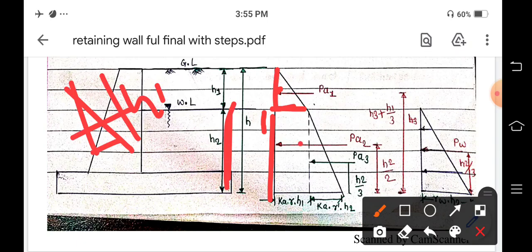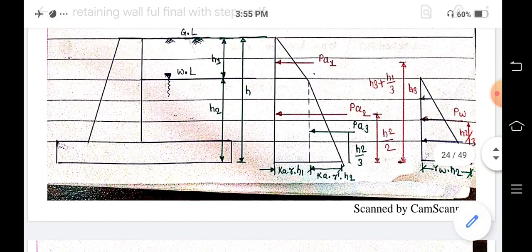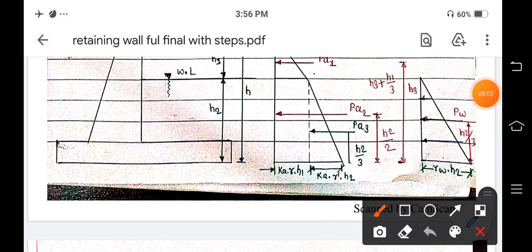For the second case, for this second rectangle, that is for PA2, Y2 will be equal to H2 by 2, since it acts at its centroid. And for the third triangle, it is acting at height H2 by 3 because its height is H2.